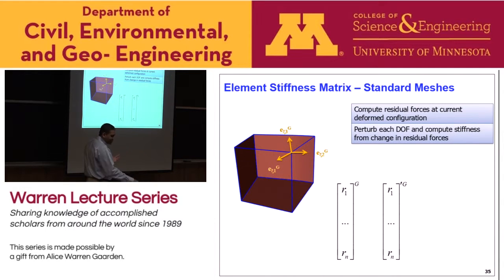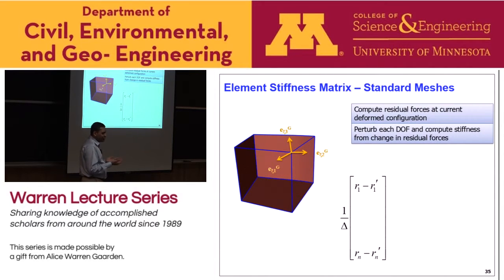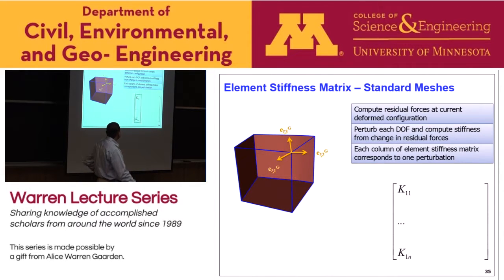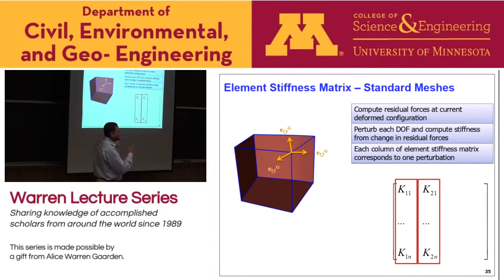We then subtract these residual forces from the current deformed configuration, and use finite difference to compute the row of the element stiffness matrix. If you then perturb another coordinate, you get the second column of the stiffness matrix, and so on. So that's how you get the element stiffness matrix in the standard case.